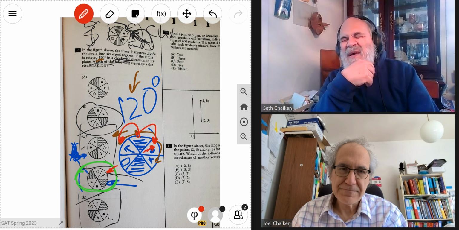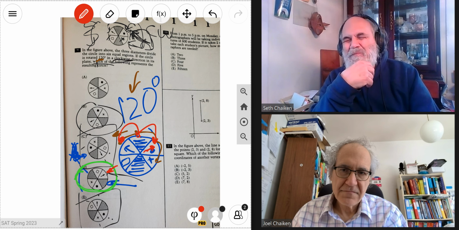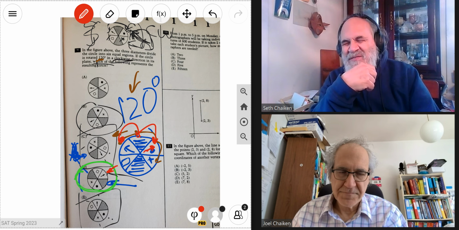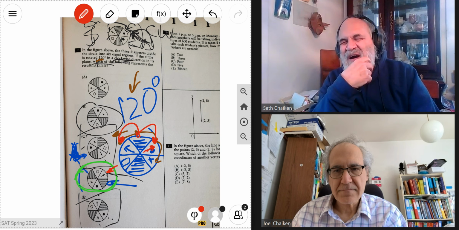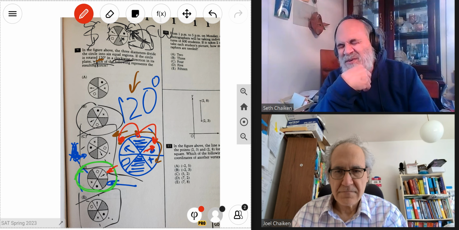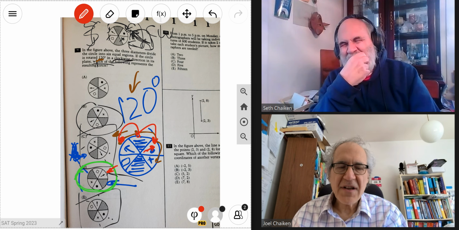It's bigger than a 90 degree right angle, so it's an obtuse angle, and so 120 degrees is certainly not one click. It might be 2. It certainly isn't 3, because 3 is a half circle, which is bigger than 120 degrees. It's 180 degrees.